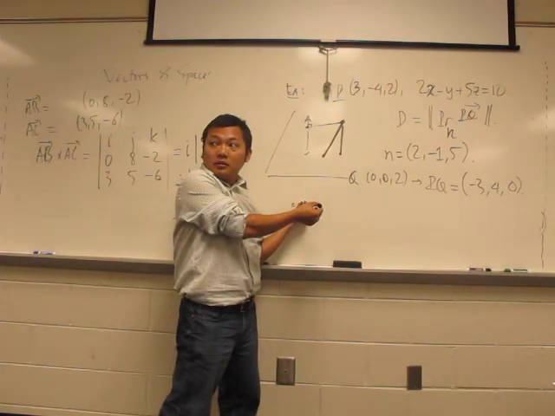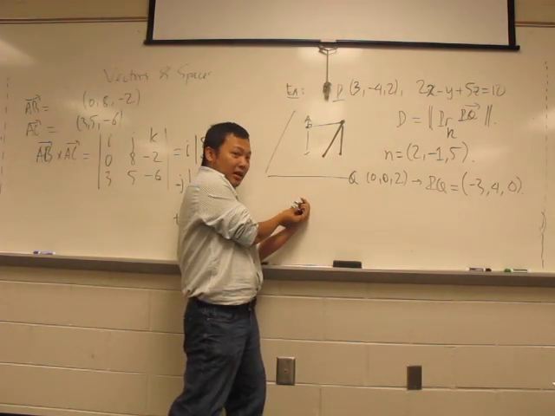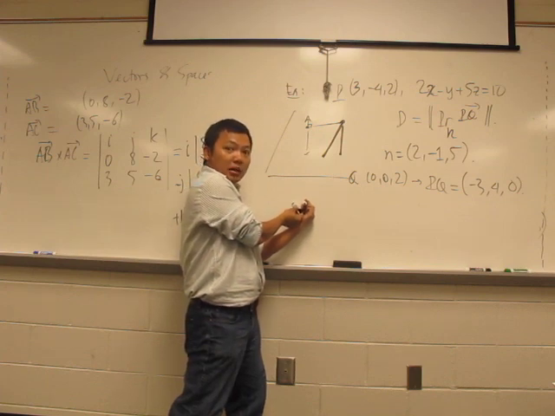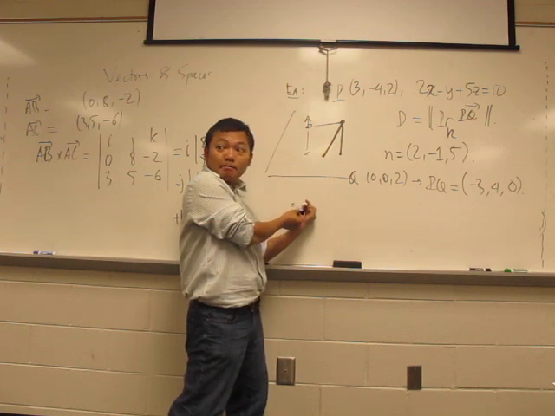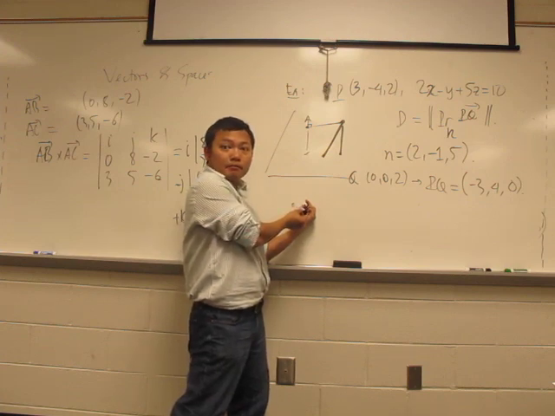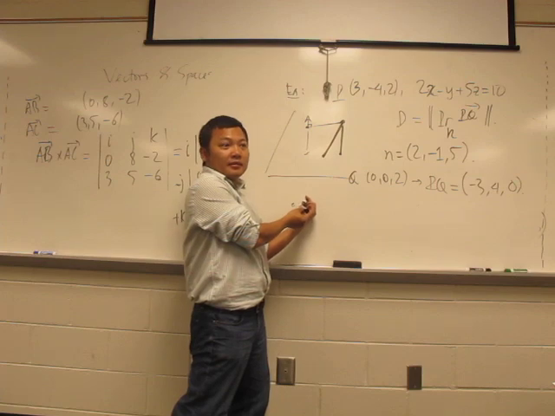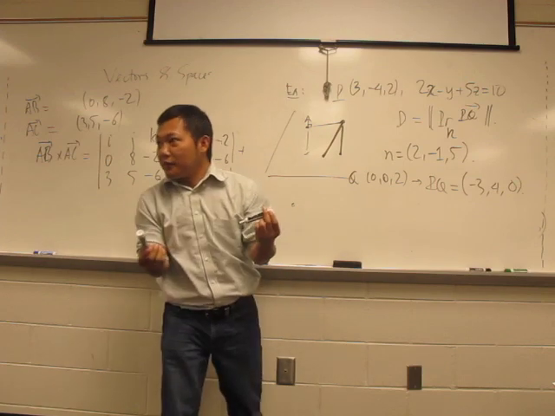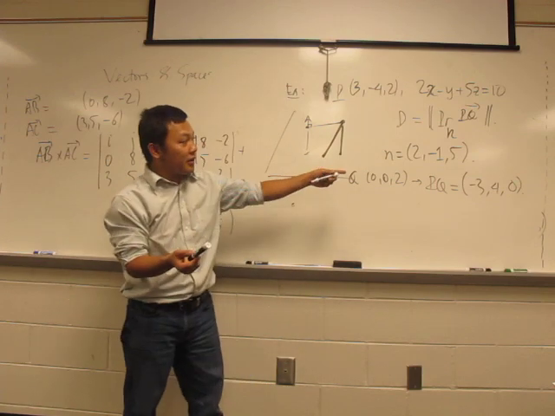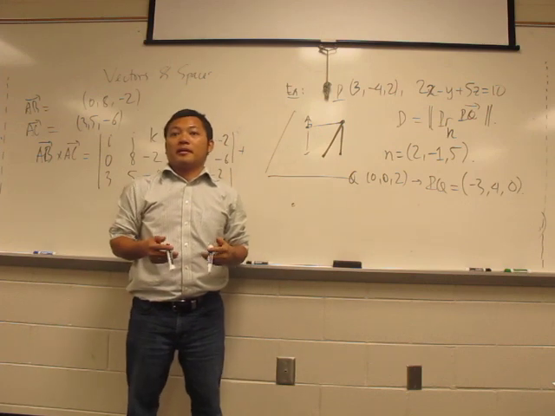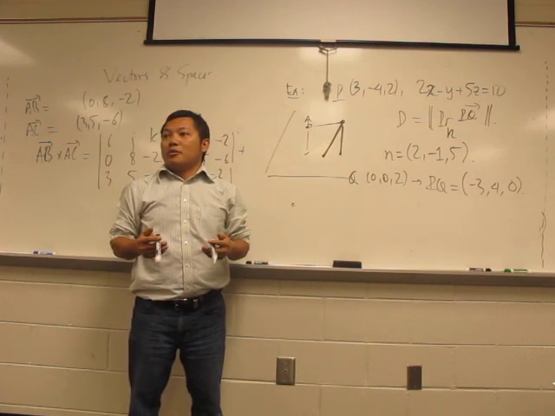But if they are located like this, how to apply the formula? There's no way to apply that formula. So if you copy that formula from the textbook, you have to understand how to find Q. Remember that.